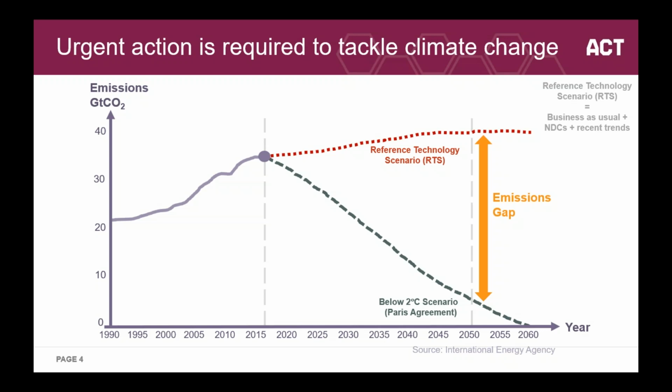That's even using a reference technology scenario, which includes the NDCs that countries have committed to under the Paris Agreement and international climate agreements. So it's clear that we need action from companies and the whole of the economy to close that emissions gap and get us down to the well below 2 degrees that was agreed in the Paris Agreement.